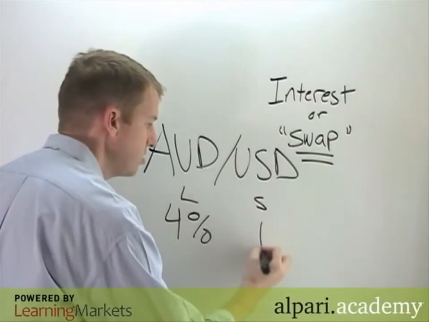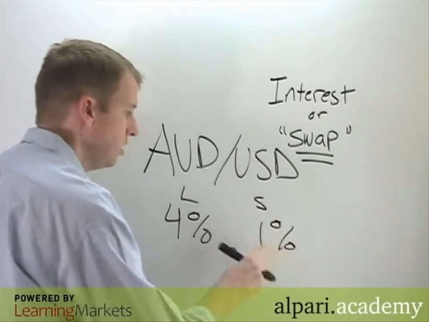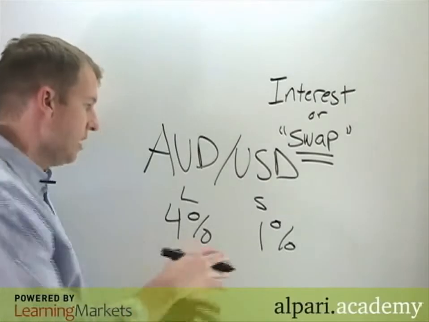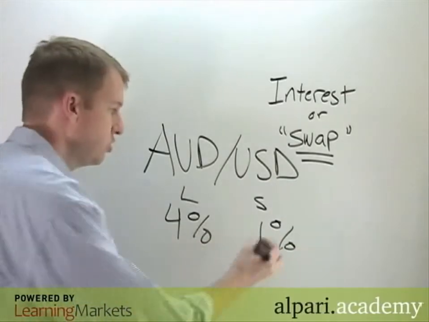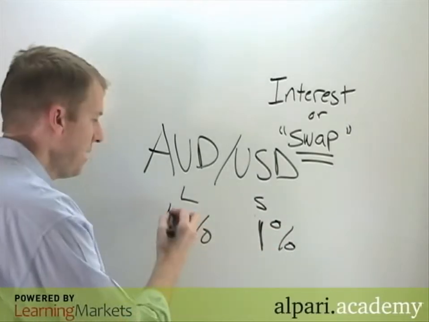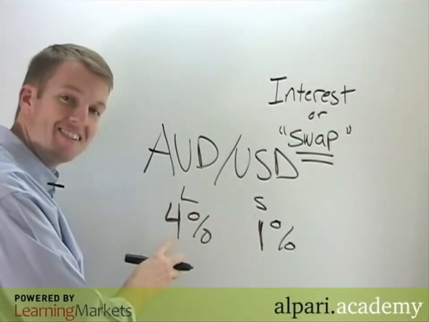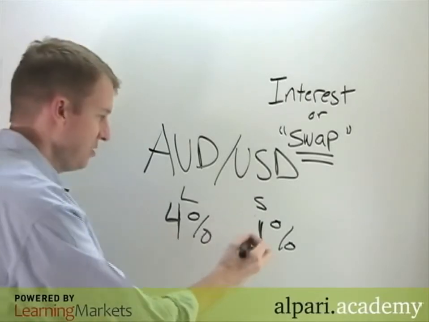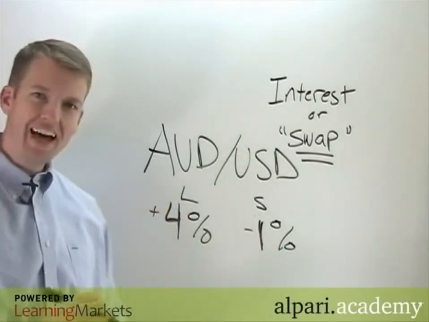We have a similar situation on the US dollar with 1% interest. So if you were to look at this as representative of the interest that you would be charged for borrowing dollars and that you'd be paid for owning and depositing Aussie dollars, then you've got a differential here. You're being charged this, but you're earning that, right?